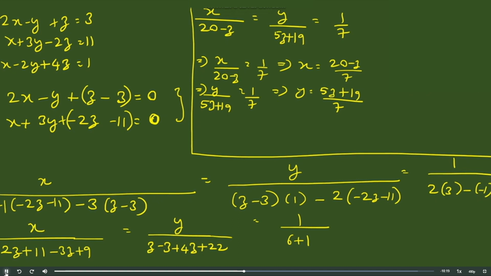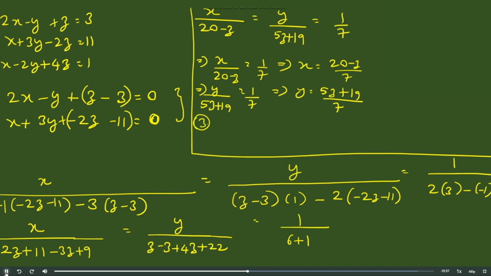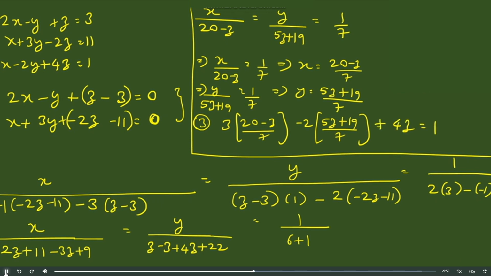Now let us take the third equation. We have solved the first and second equations, and now we are going to put these values of x and y in equation 3. Equation 3: 3 into (20 minus z) by 7 minus 2 into (5z plus 19) by 7 plus 4z equals 1.